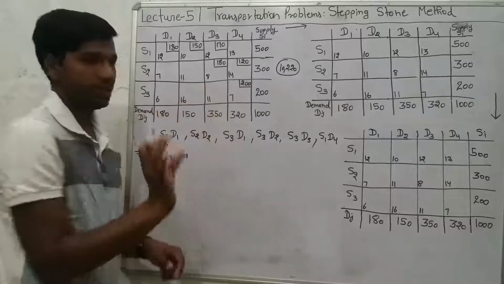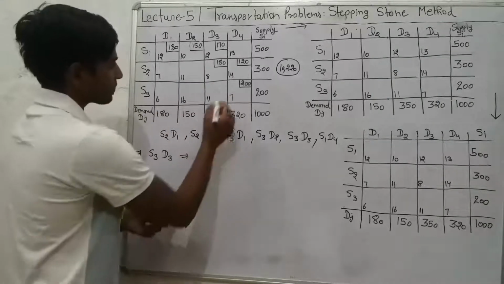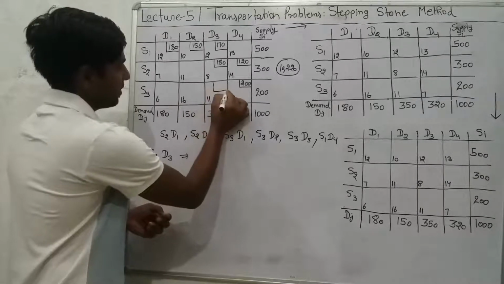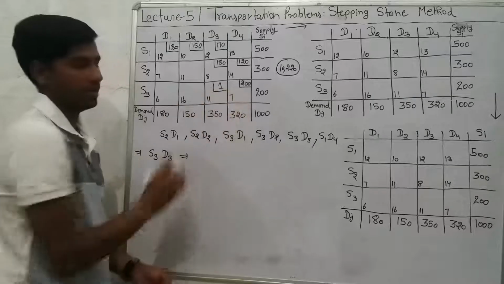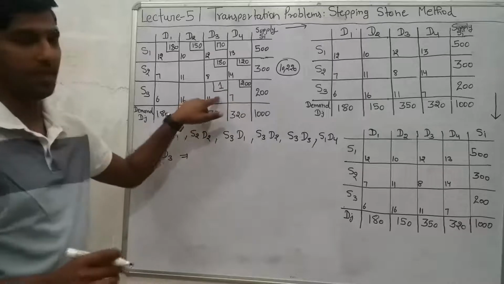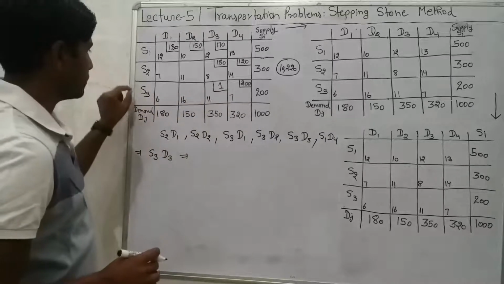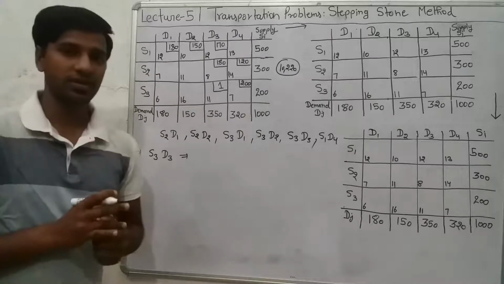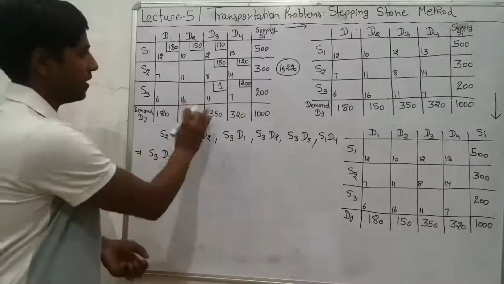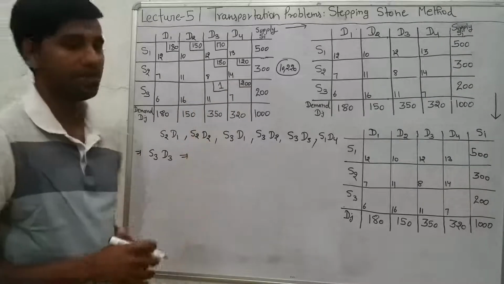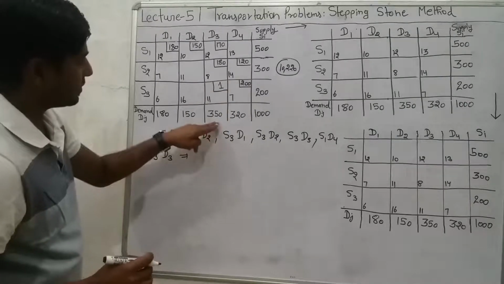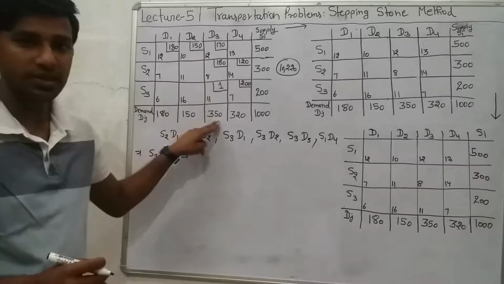The first step to calculate opportunity cost is to suppose that we are going to assign a single unit to this cell. It means we are transporting one unit from source 3 to destination 3. So the first step is to assign a single unit to an unoccupied cell, or to an empty cell. Now look at the rim requirements. The demand for destination 3 is 350 units.